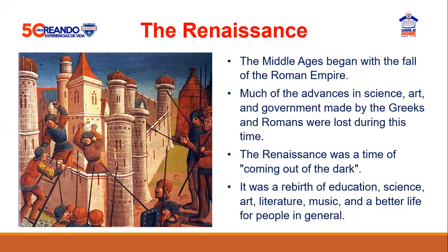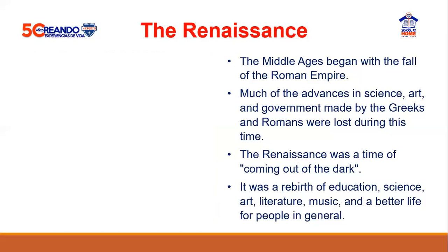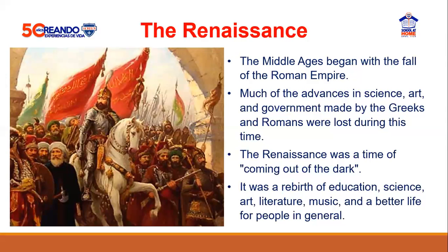On the left side of the screen, we can see the fall of the Roman Empire, the fall of Constantinople, right, in the hands of the Ottoman Empire. We're going to see the Ottoman Empire in a little while. But I'm going to show you another illustration of the fall of Constantinople.